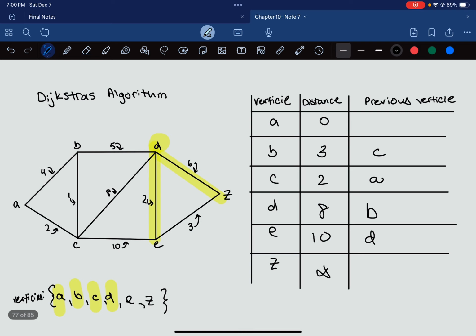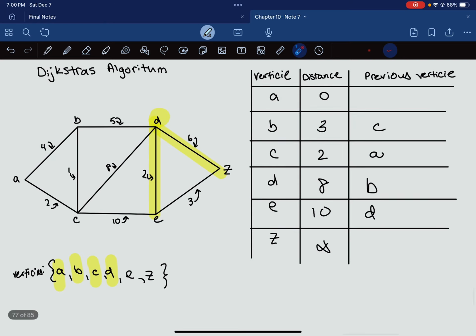Now, our next one is Z. From D to Z, it's 6 units. So we have the previous 8 plus this new 6. What's 6 plus 8?